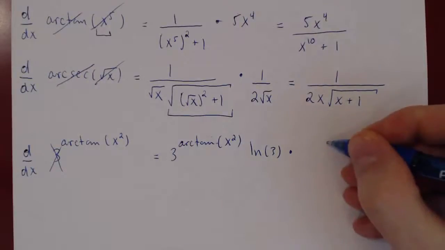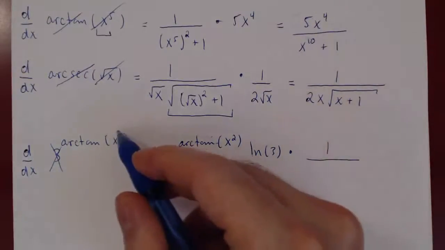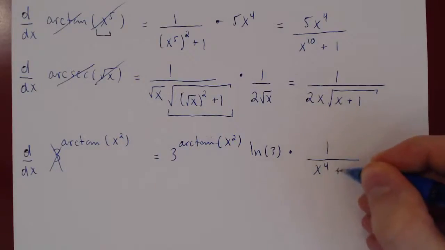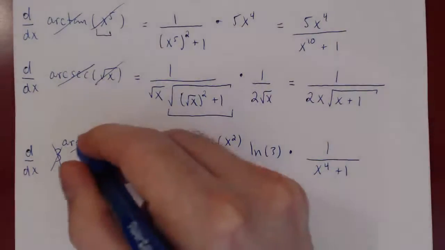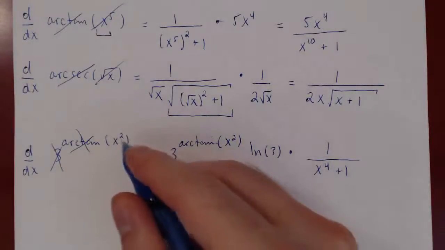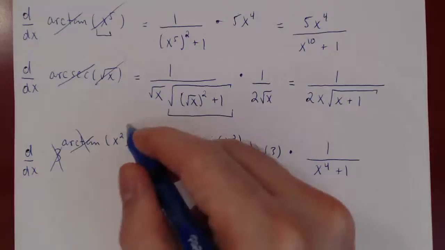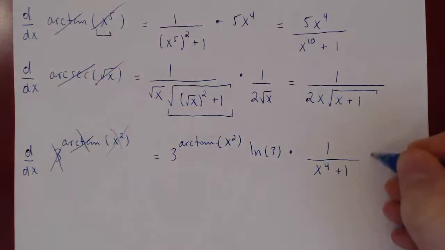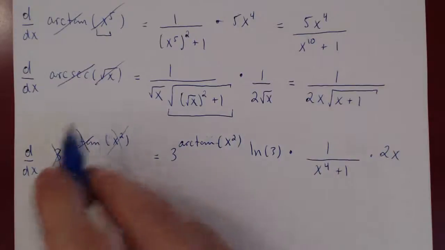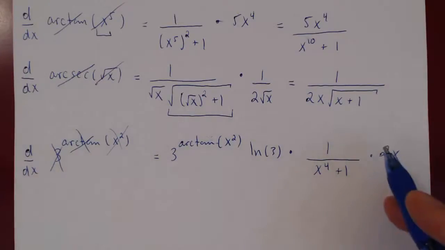So here we'll have times 1 over the argument squared, x squared squared is x to the 4, plus 1. That takes care of the arctangent times the derivative of what's left over. What's left over is x squared. The derivative of x squared is 2x.